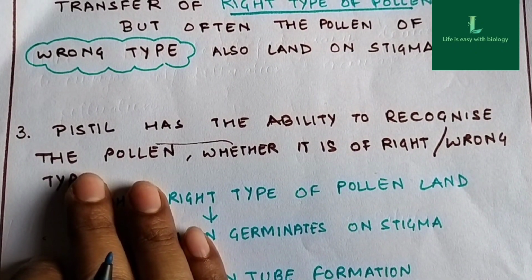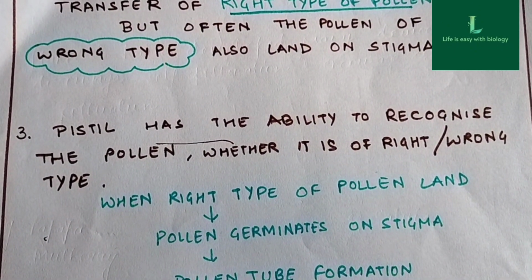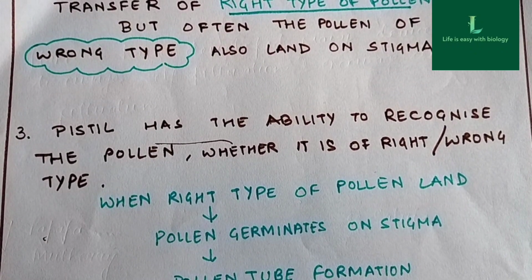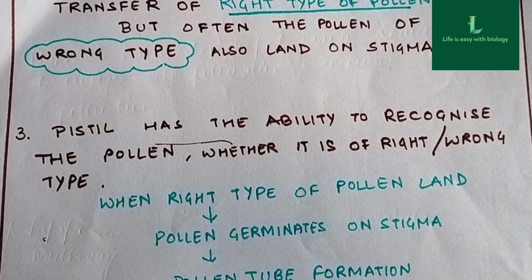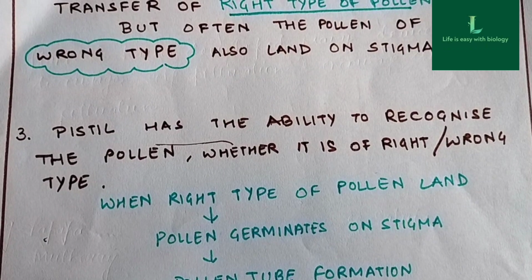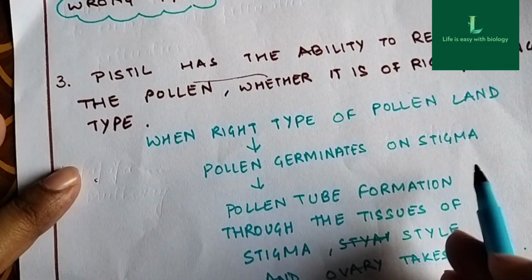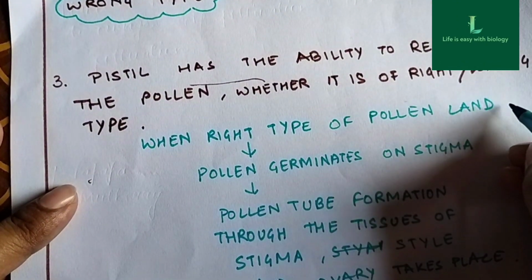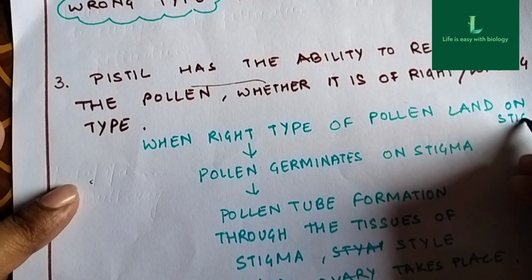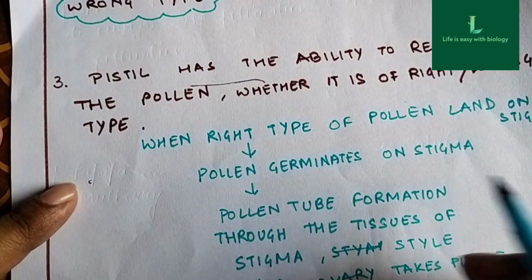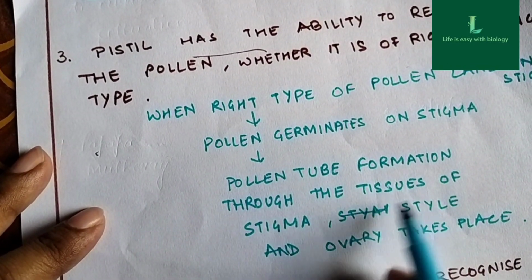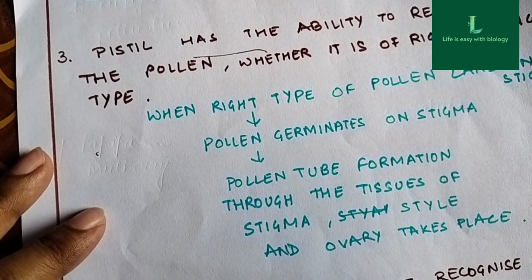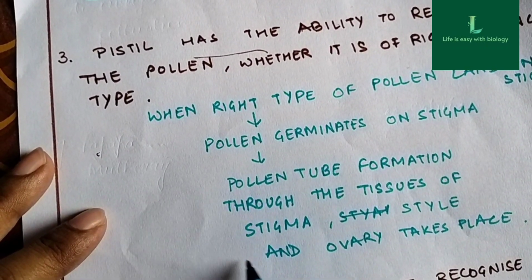Similarly, the pistil has to be compatible with that of the pollen grain which has landed on the stigma, then only it will lead to the formation of pollen tube through the tissues of stigma, style and ovary, and ultimately deliver the male gamete into the ovule. Fine. So when the right type of pollen lands on the stigma, pollen germinates on stigma. Pollen germination takes place and pollen tube formation through the tissues of stigma, style and ovary takes place. Is this clear now, students?